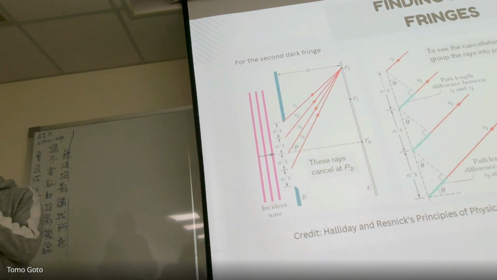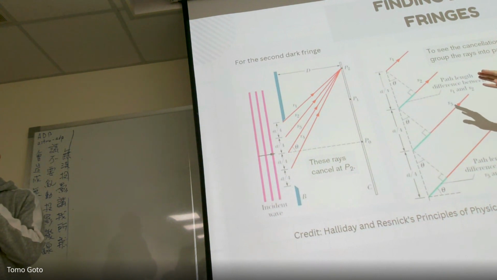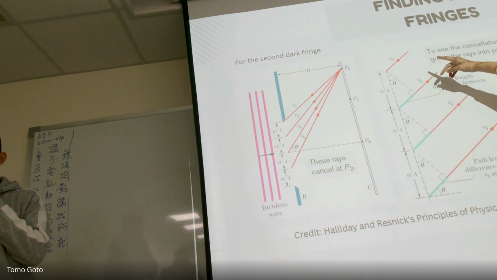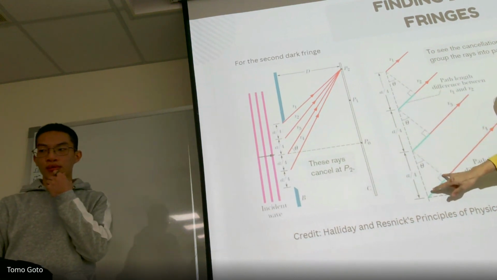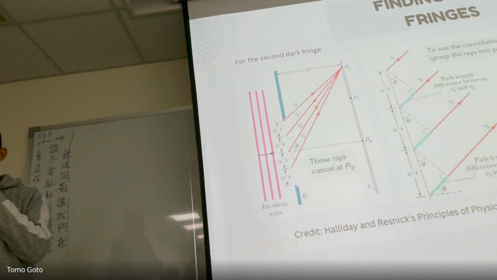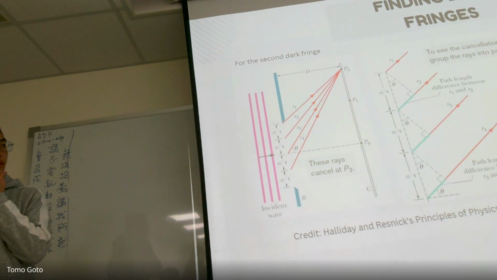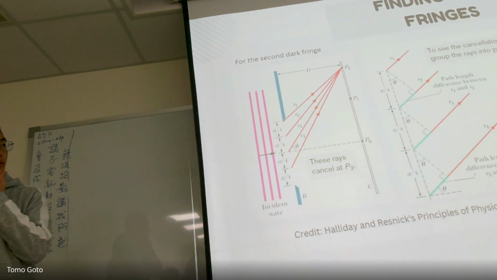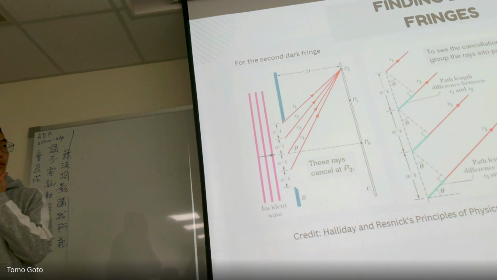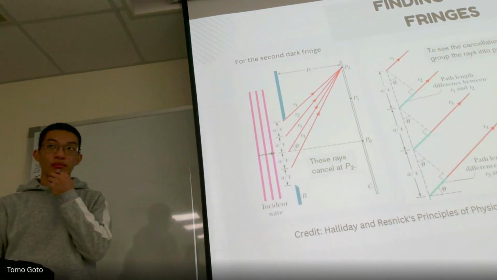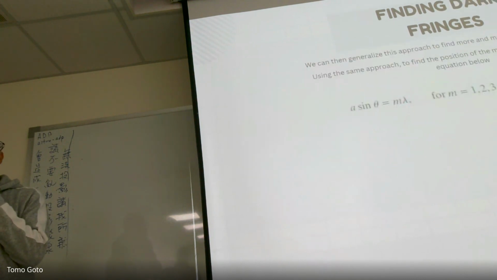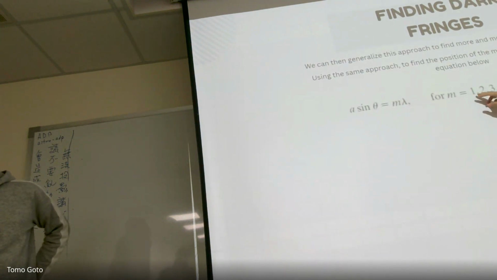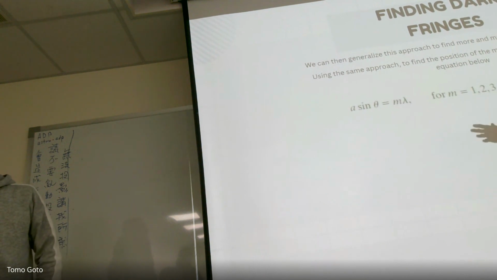If we also assume the same thing, that D is way bigger than a, we can assume these 4 lines are parallel, and the path difference between these is also lambda over 2, which gives us 2 lambda. From this we can generalize that to find any other dark fringe, we just multiply by 1, 2, 3, or whatever number of dark fringe we want to find.